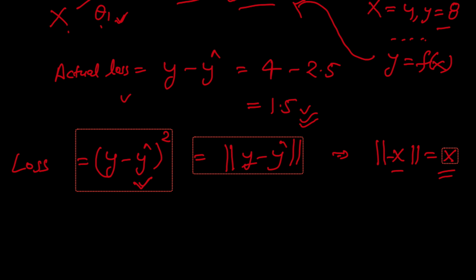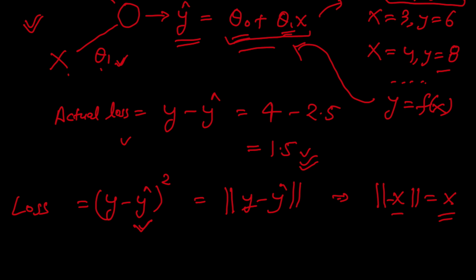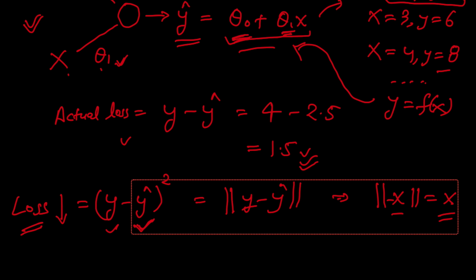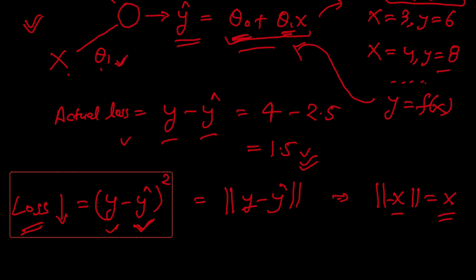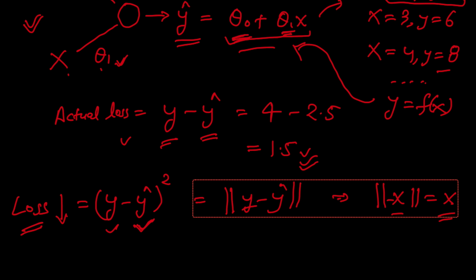Now let's talk about how we choose these theta naught values so that we get a good prediction. In other terms, if your y is very close to y cap, then you will get a small loss, and a small loss basically means that y cap is closer to y, which means your output is closer to your actual answer, and that means a good prediction.